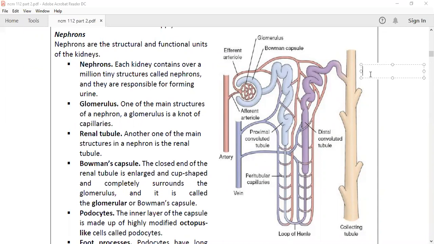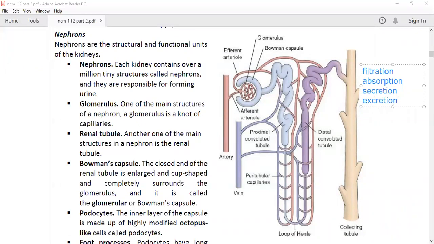So first, you have your filtration. Next, you have your absorption. Next is your secretion. And lastly, your excretion.